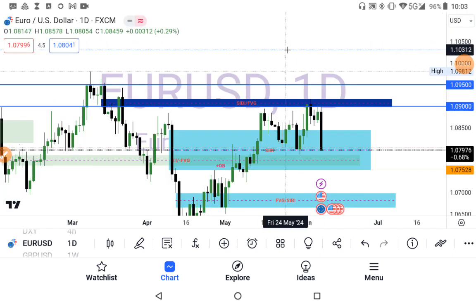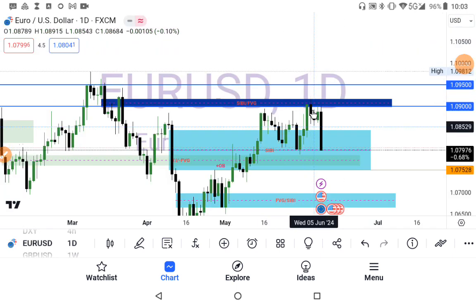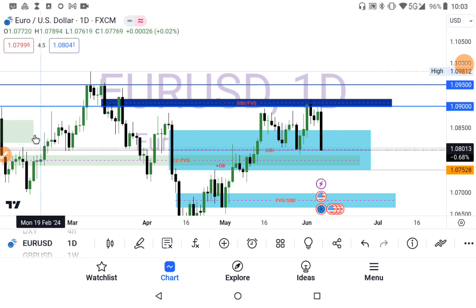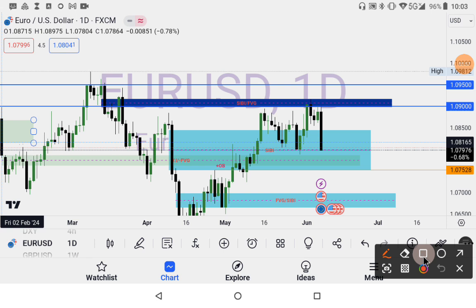Now on Euro USD, last week I was interested in 1.09 thousand, and I expected 1.09 thousand to serve as a kind of resistance, sending us back into 1.07528.